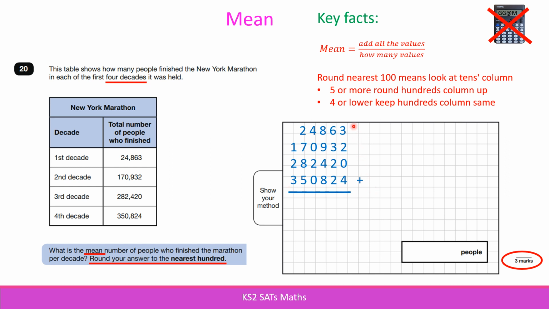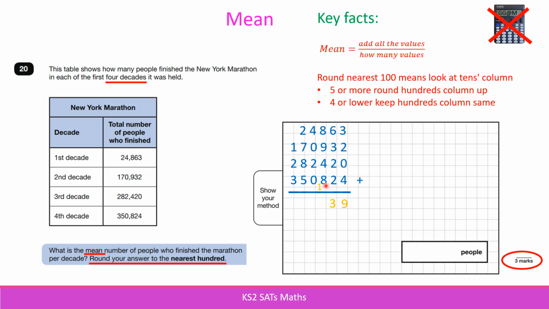So we're going to start off with the right hand side when we're adding. So we've got 3 plus 2 is 5, plus 0 plus 4 will give me 9, and that gets written underneath. I've got 6 plus 3 is 9, plus 2 is 11, plus another 2 is 13. So we carry the 1 of the 13, the tens, and the 3 gets written underneath. Now we're going to look at these numbers added together.